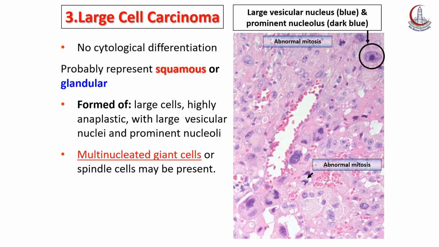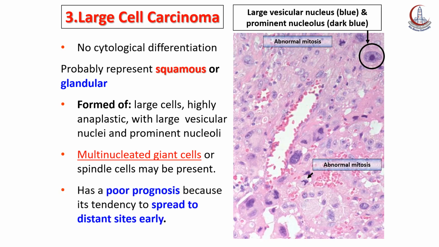Here we have the scattered giant cells in the large cell carcinoma, displaying large nuclei with prominent nucleoli, abnormal mitosis. This type of bronchogenic carcinoma has a poor prognosis because of its tendency to spread to distant sites very early.